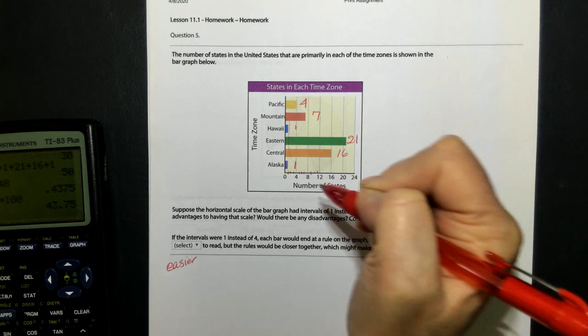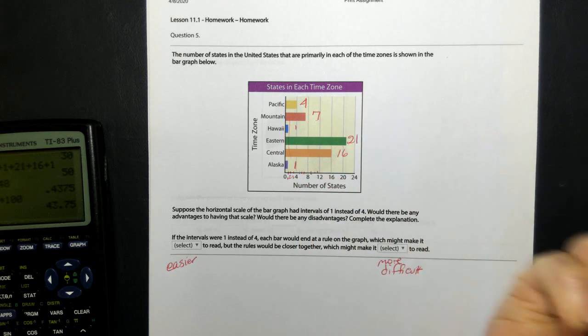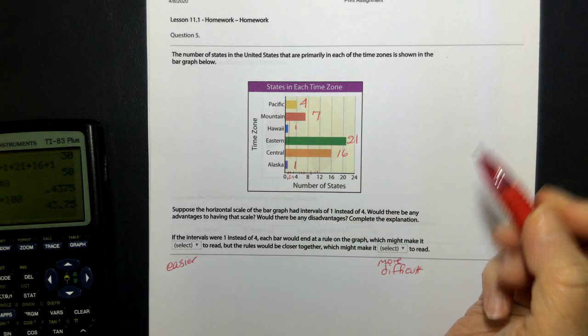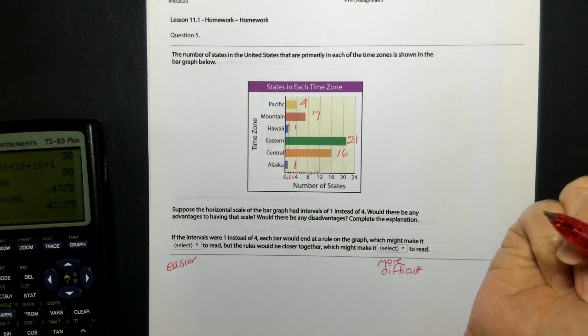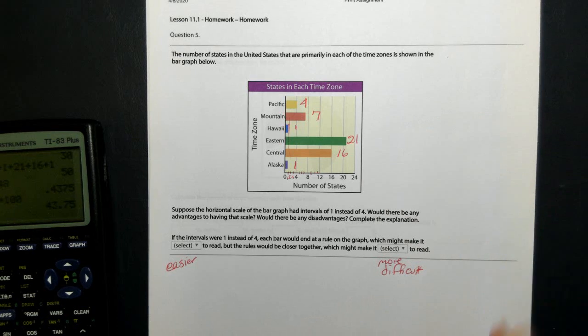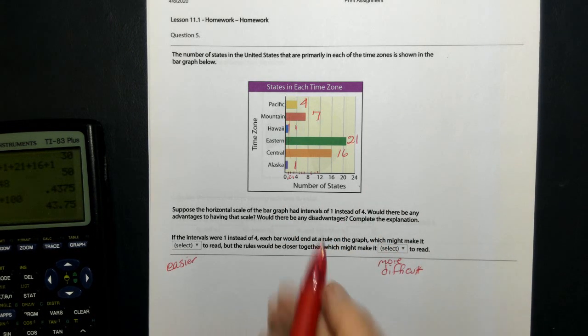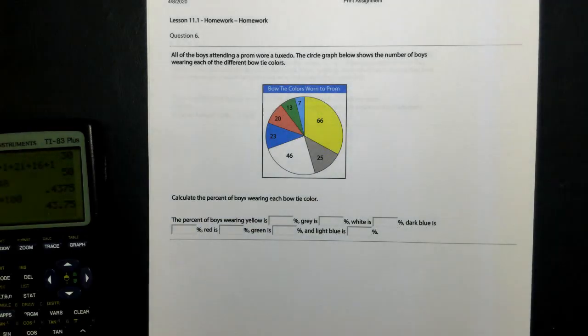But if it gets too fine, you can't see. It's easier to read in one respect in that you can be more precise on where the number is. But as you get finer and finer details in the X direction, it gets harder to read because it's just so close together. So let's see if those answers will work for you.